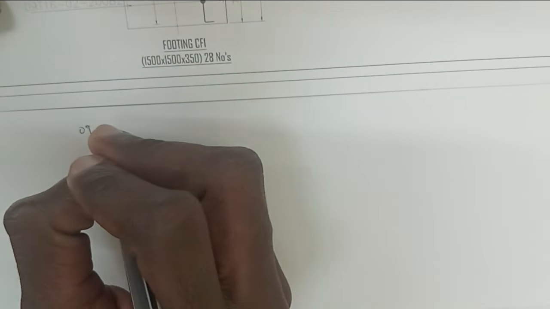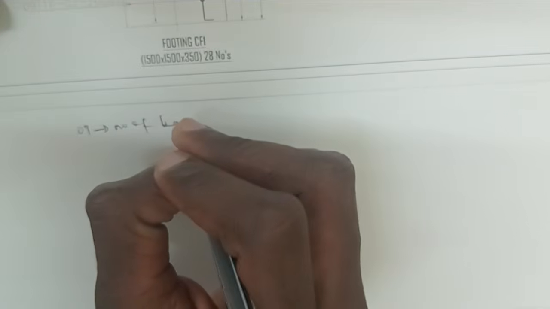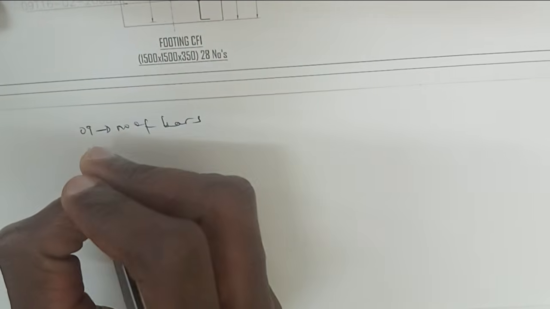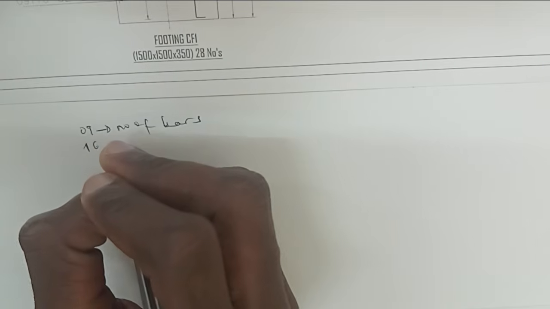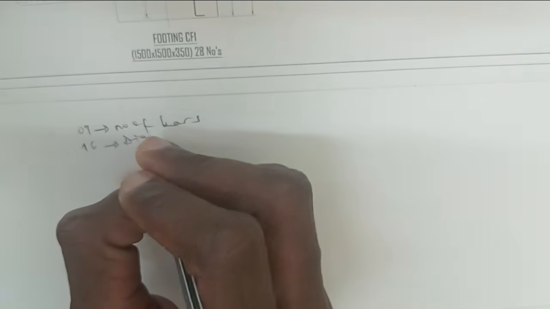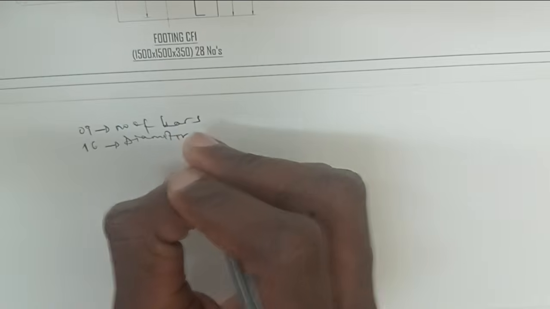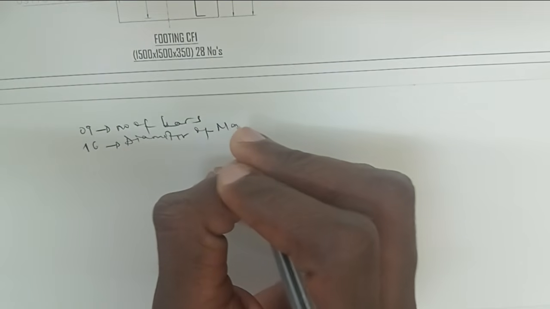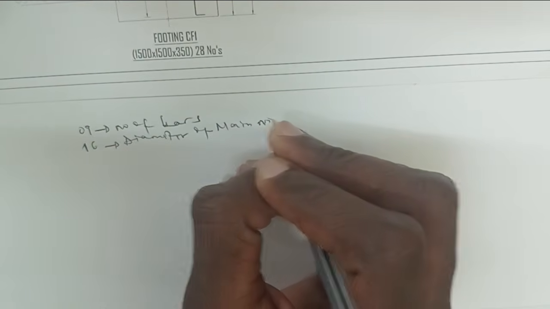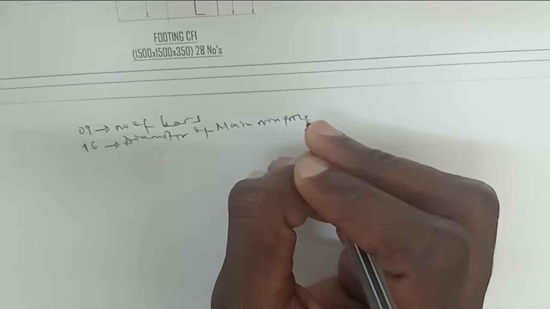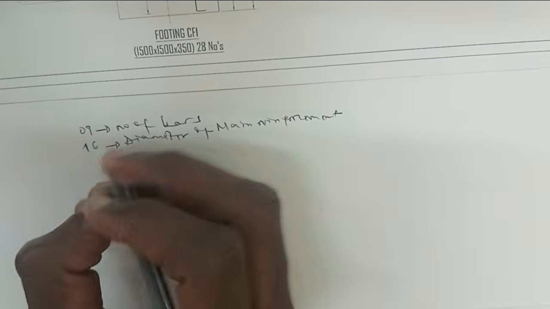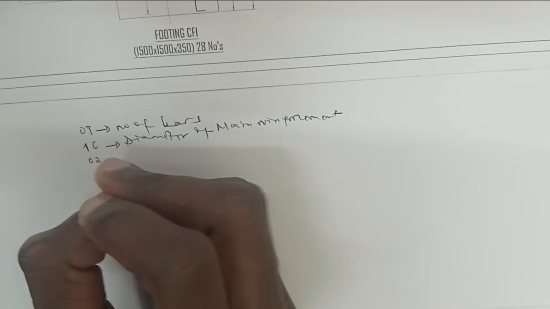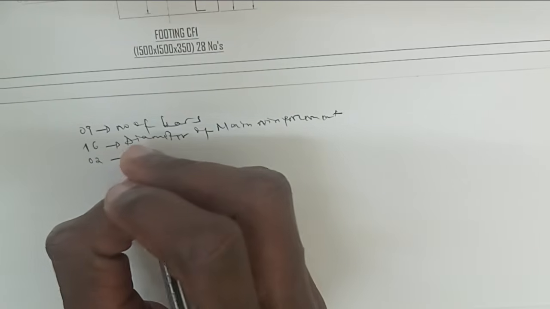So this 9 is used to represent the number of bars, and 16 millimeter is used to represent the diameter of bars, the diameter of main reinforcement. This one is used to represent the bar mark.